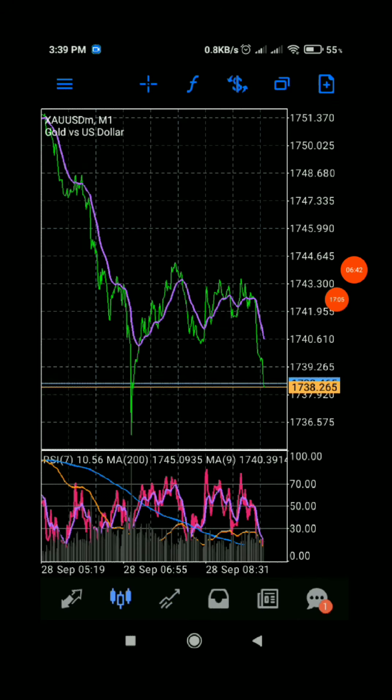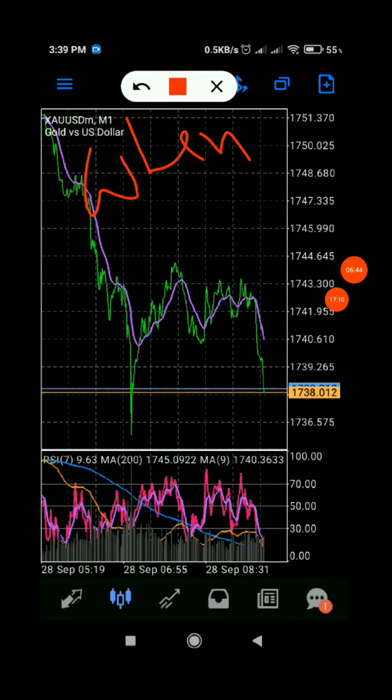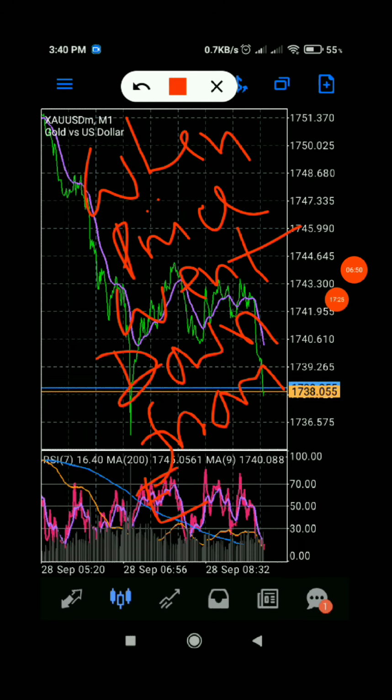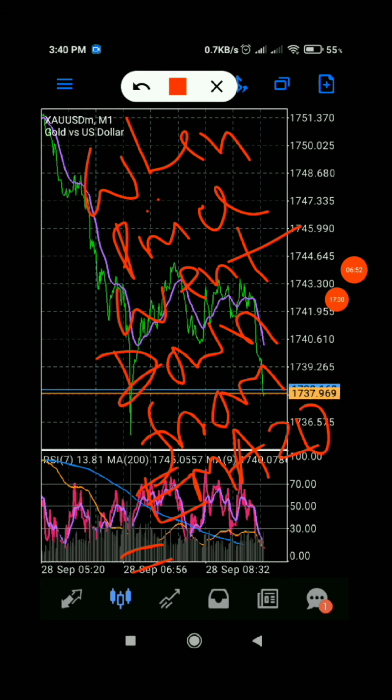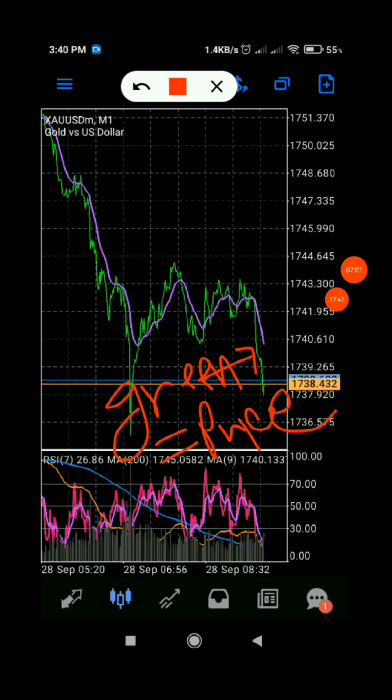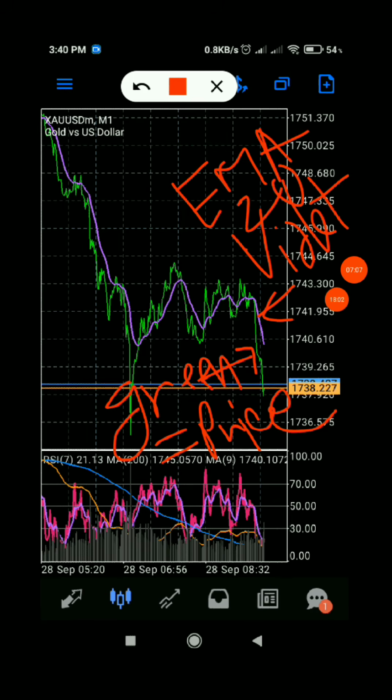Now let's check other things you have to measure. When price goes down from the EMA 20, it means a downtrend. As you see here, the green line is the price and the violet is the EMA 20.